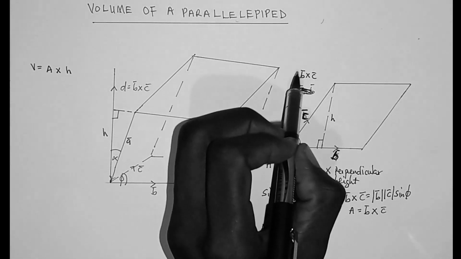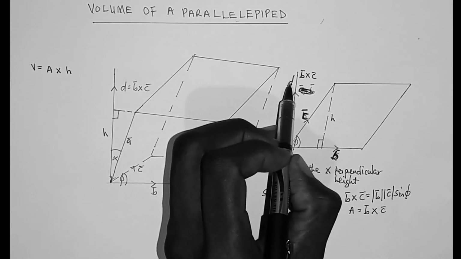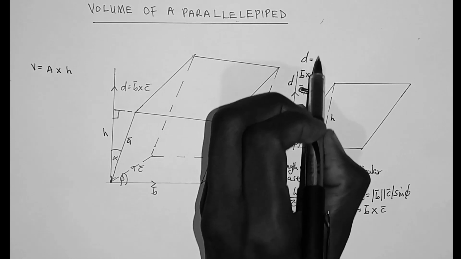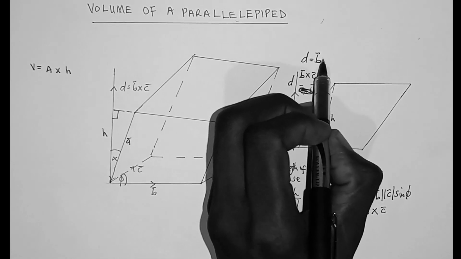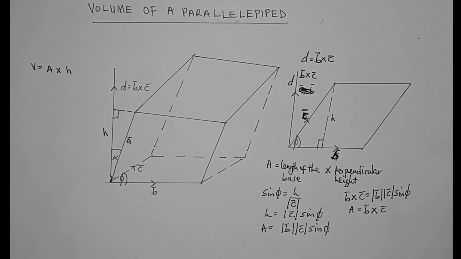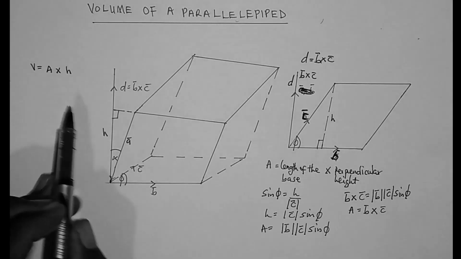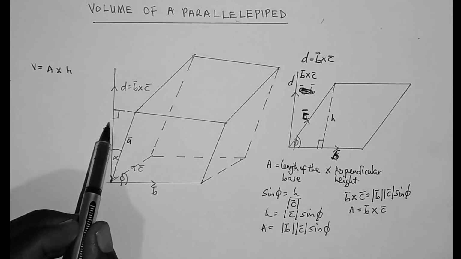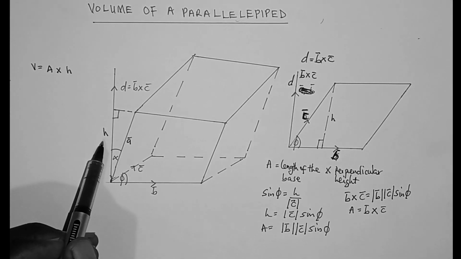So let's say this is D. In other words, D is equal to vector B cross vector C. So we have found the area.